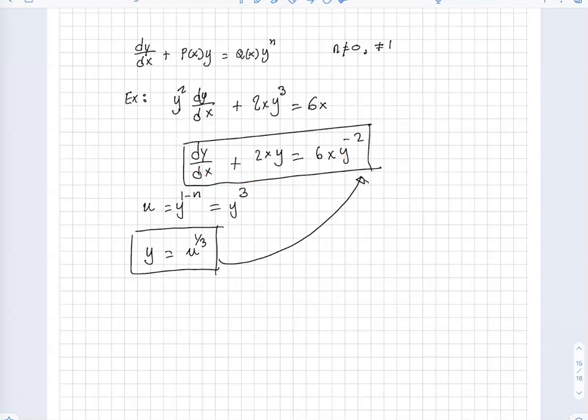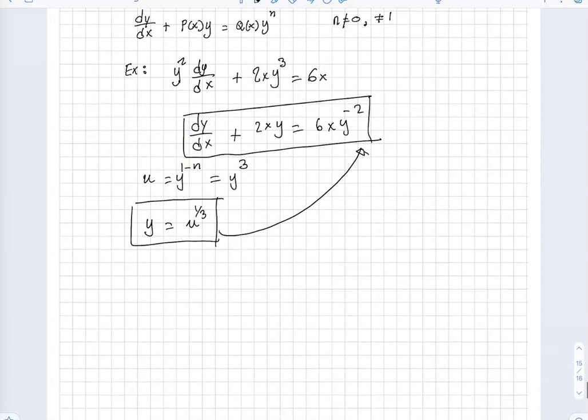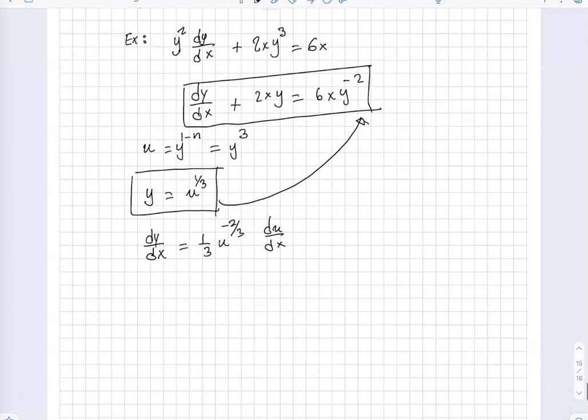So y to the power minus 2 would be u to the power minus 2/3. y would be replaced with u to the power 1/3. dy/dx will also be replaced with a corresponding expression which needs to be found. So apply the chain rule to get this quantity for dy/dx.